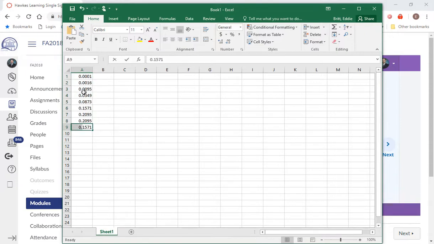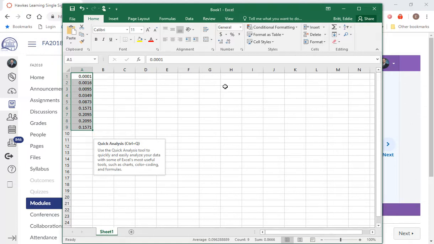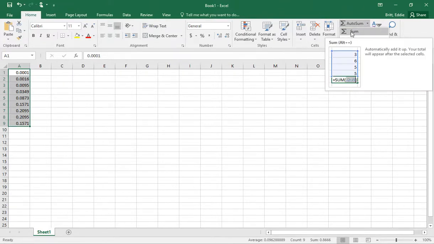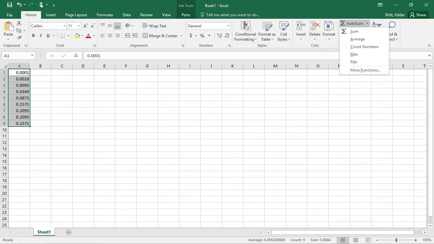Now, if I select all of this, and then I come over here to the sum button, right here, if I click that, it'll tell me that it's going to go down one row down here. It'll put the total.